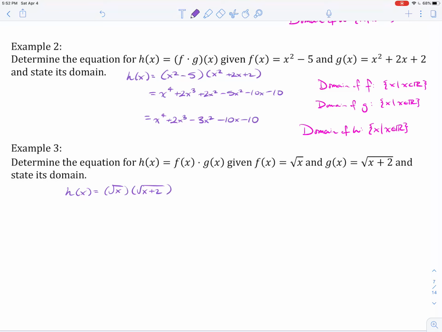And if we have two radicals with the same index being multiplied, we can just apply that index, that root, to the product of those radicands. So the square root of x times x plus 2. And if we simplify that, ta-da.